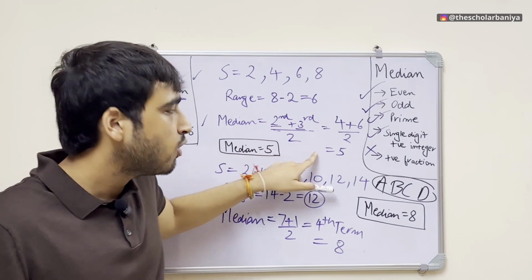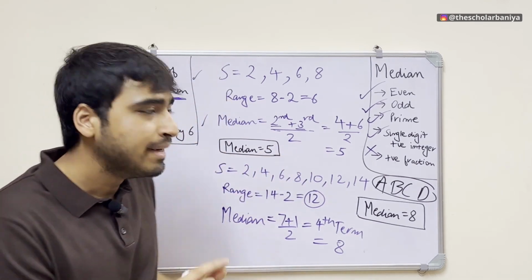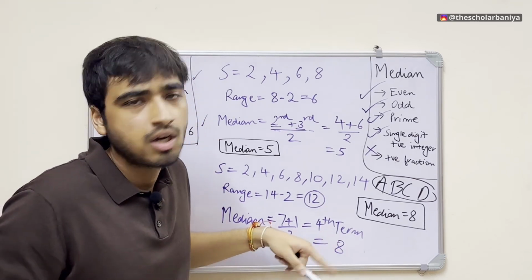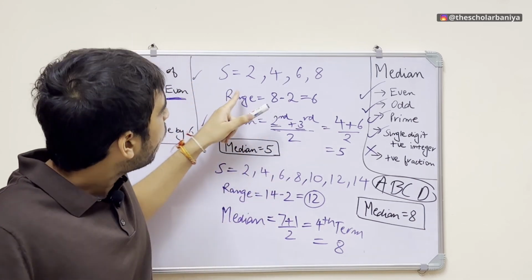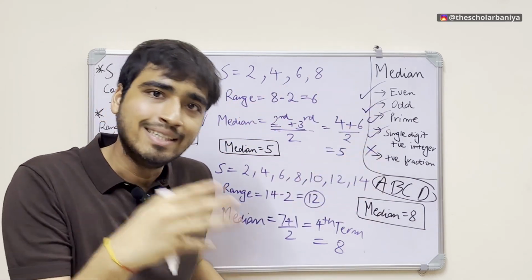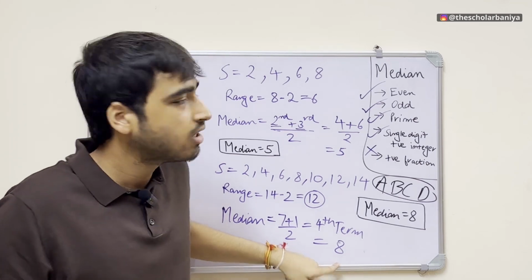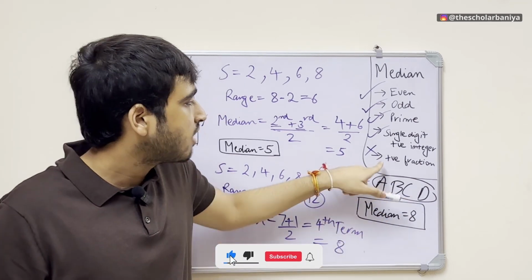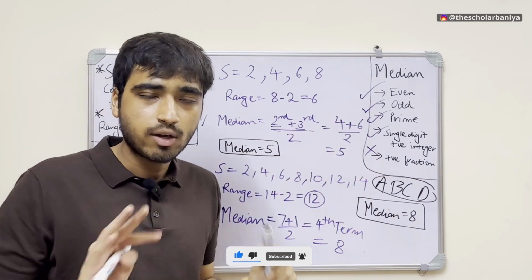Or the median is a single particular term, like the fourth term, or the 100th term, and all the terms in the set are even integers, so the answer will be an even integer. Irrespective of what, it will never be a fraction. So this answer is completely wrong, and the correct answers are A, B, C, D. I hope this is clear.